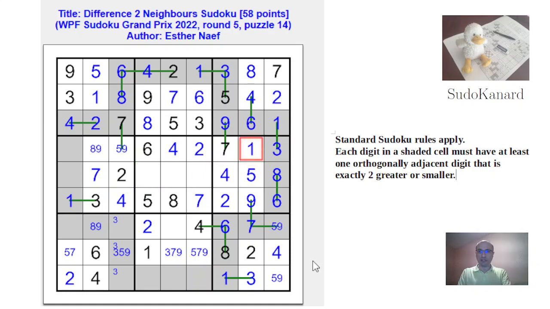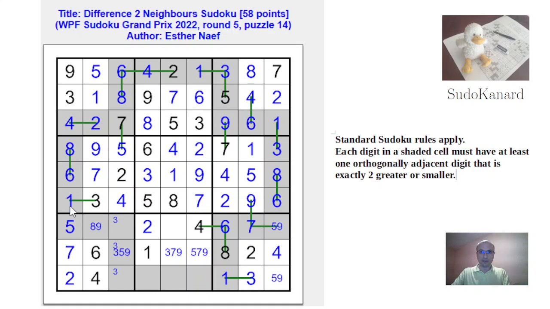So this is 5, this is 1. 1 is here actually, 3 is not here, that's a 9, that's a 3. And we complete the row with a 6, which has to be linked to this, so this must be 8. Here that can only be a 5, that's a 7.